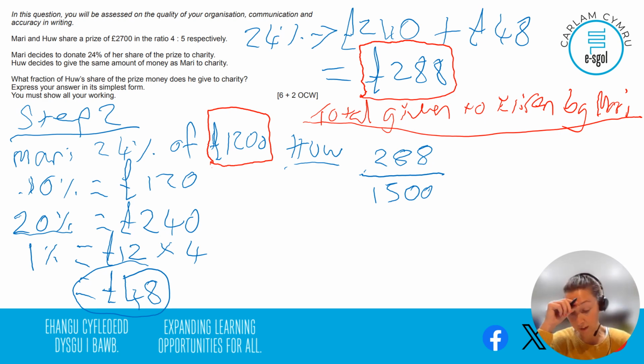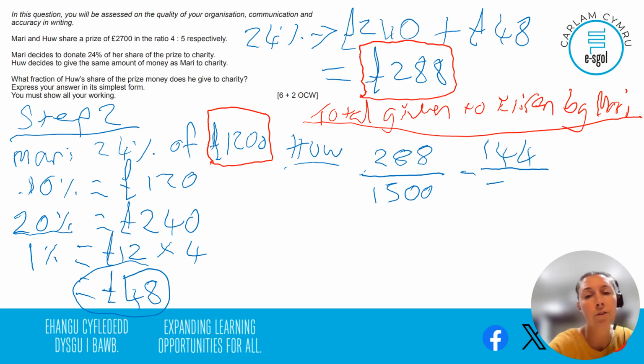So this is the fraction of what Hugh gives Ellison. So now we just need to make that fraction a lot smaller. So we can halve that. So half of 288 is 144. Half of 1500 is 750.